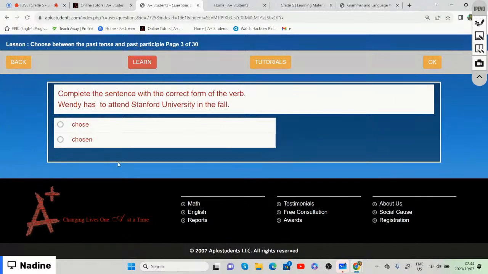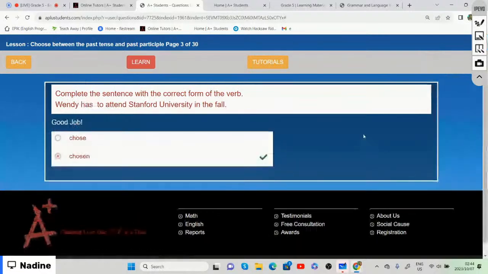Because remember, the word has will basically motivate the word chosen. So has chosen is correct. So well done.